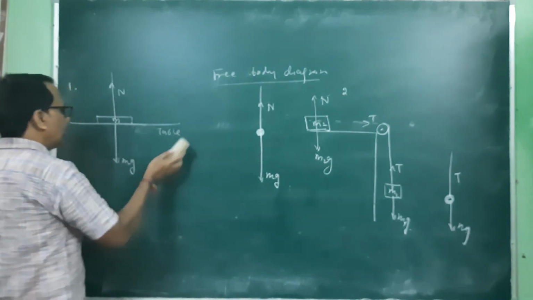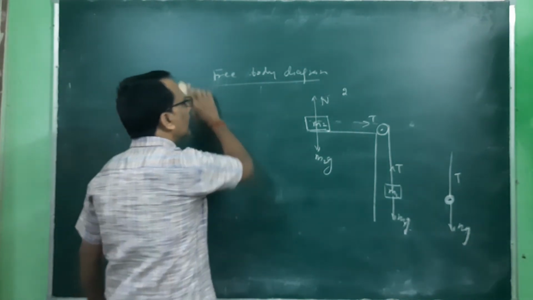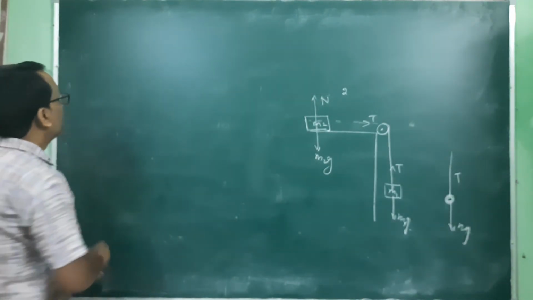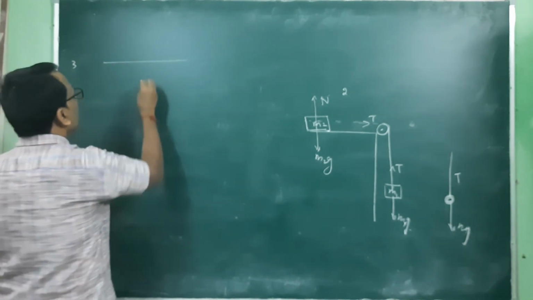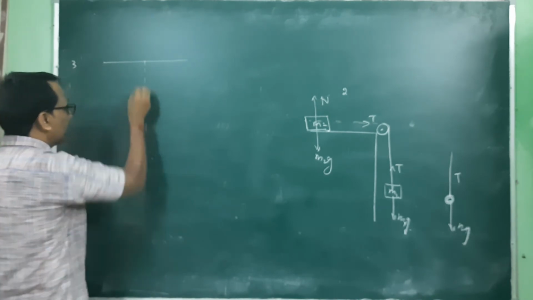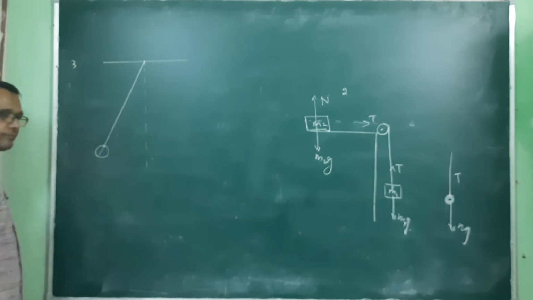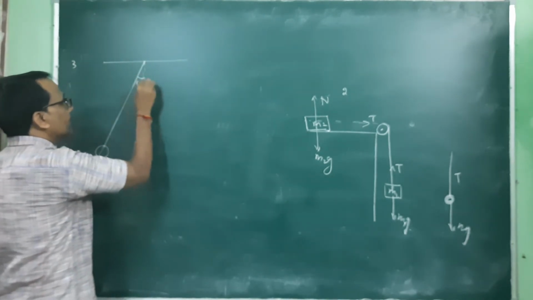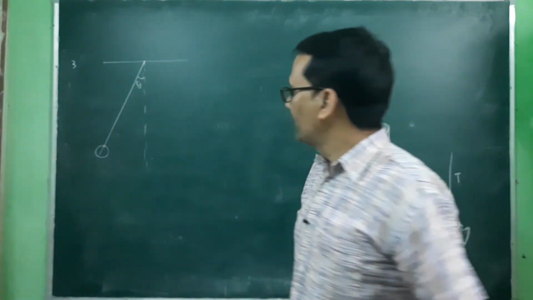Next is a pendulum. Third, this is the pendulum. Initially this is the pendulum, and now it is somewhere here from the mean point with this angle theta. एक pendulum को theta angle पर ये करके उसको release कर दे रहे हैं.